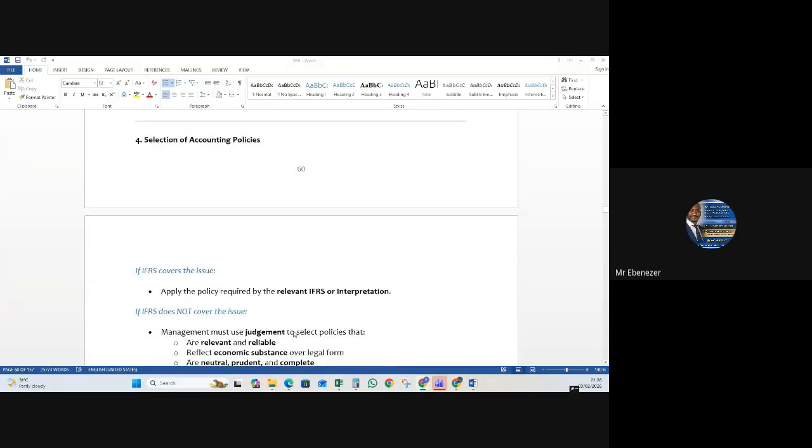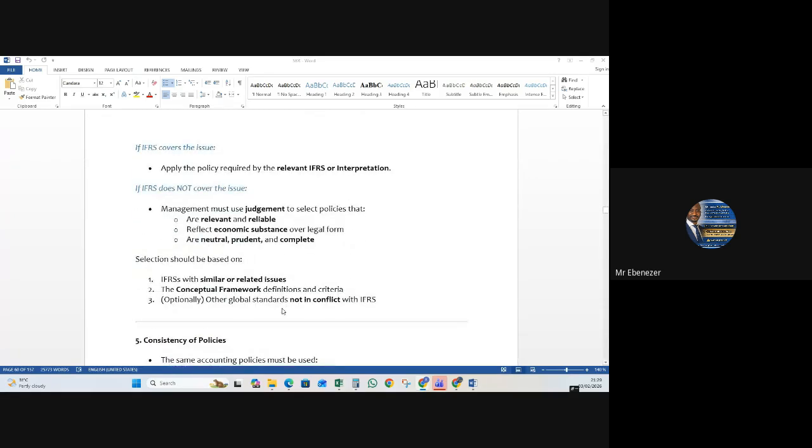Now, how do we select accounting policies? If IFRS talks about an issue, if there is a standard that covers a particular issue, then you just apply the standard. But if IFRS does not cover the issue, then management can make decisions to select policies that are relevant and also reliable.